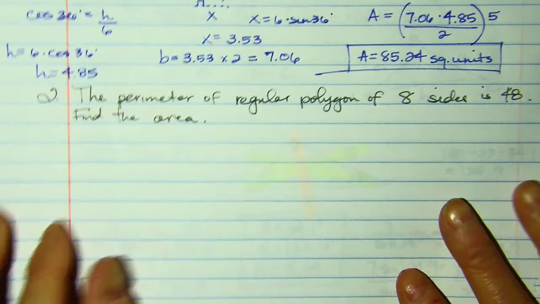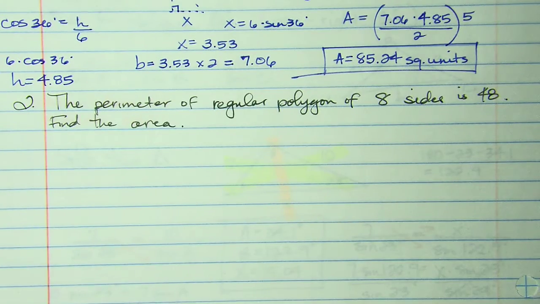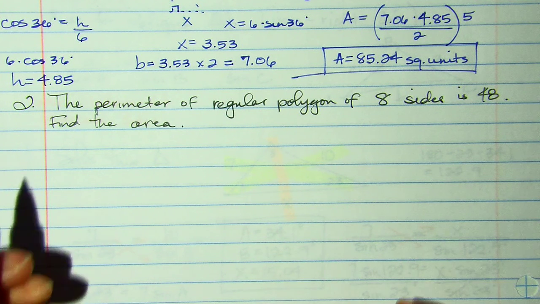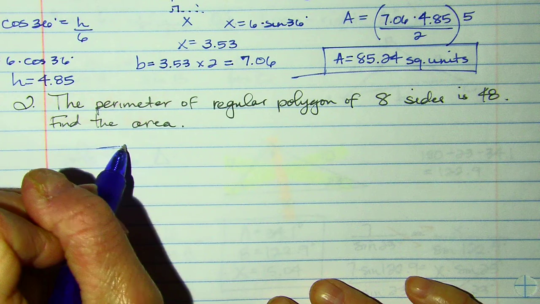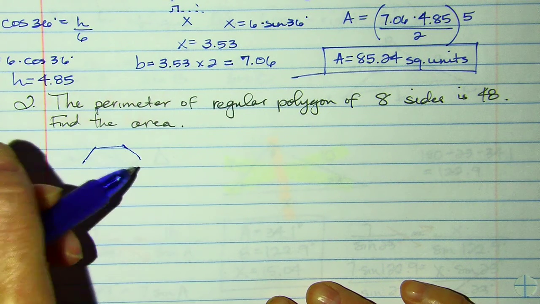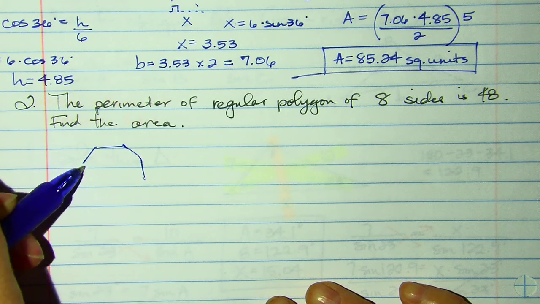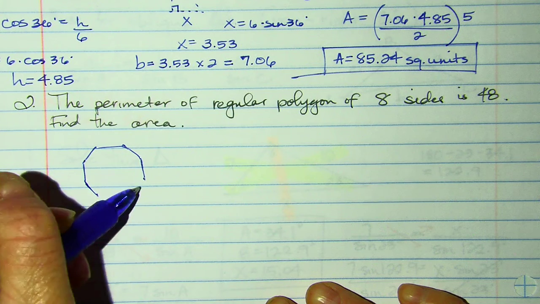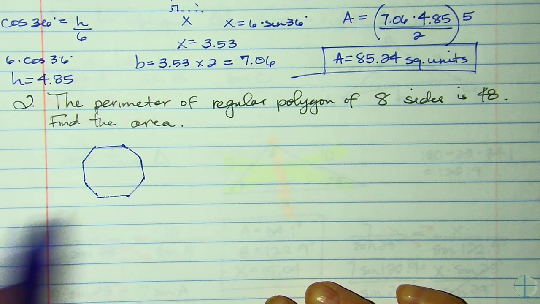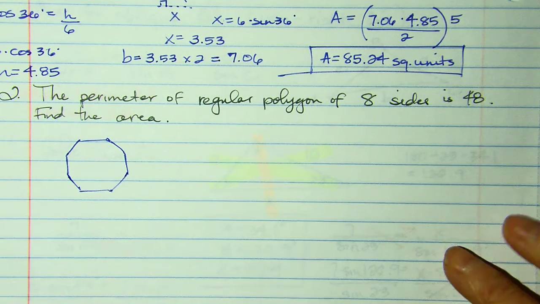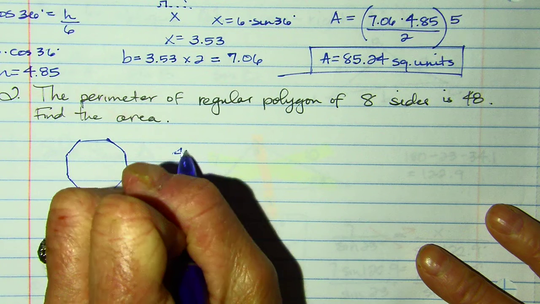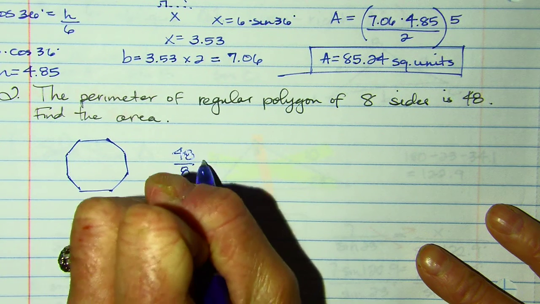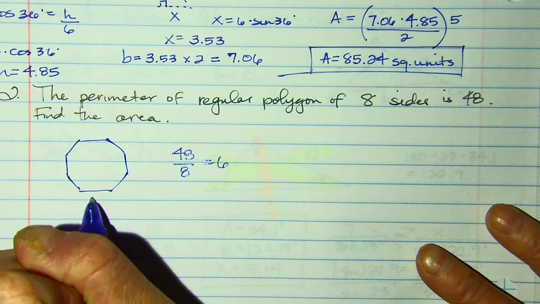Moving on, if the perimeter of a regular polygon of 8 sides is 48, find the area. All right, so I want you to picture I've got 8 sides. I'm going to do my best. 1, 2, 3, 4. 1, 2, 3, 4. There's 8 sides, and they're telling me my perimeter is 48. So 48 divided by 8 would give me a side length of 6, right?